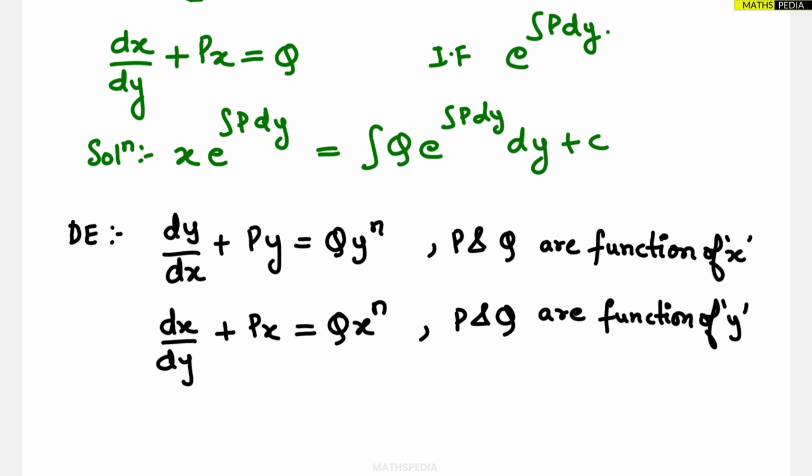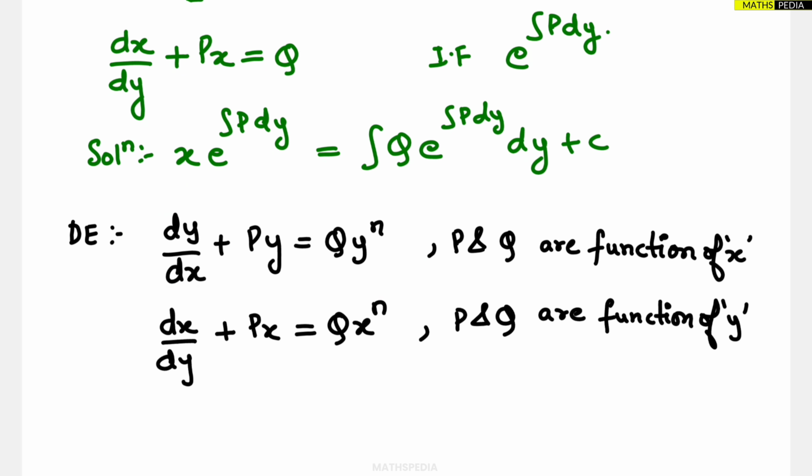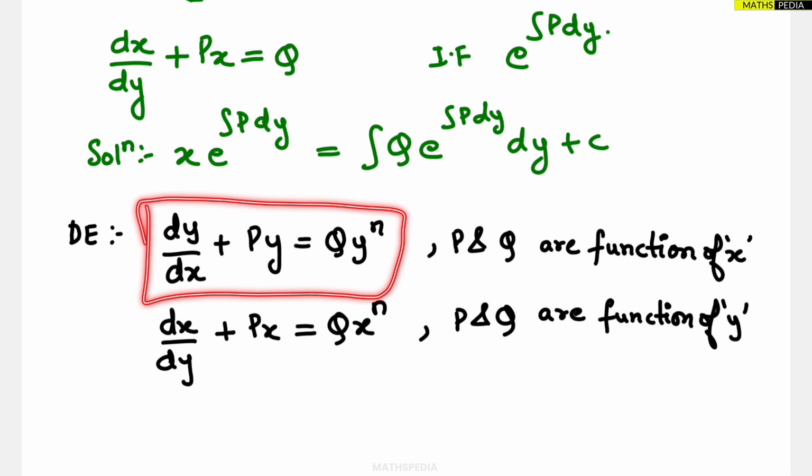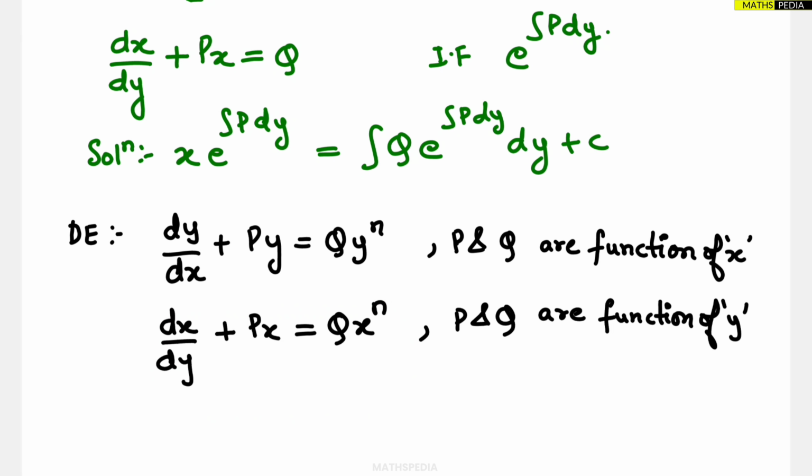So how to do the procedure? We'll take up the first part and discuss it, and we'll discuss problems for the first part as well. The second part of the equation, which deals with x, is Bernoulli's equation in x variable, and that we'll discuss afterwards.